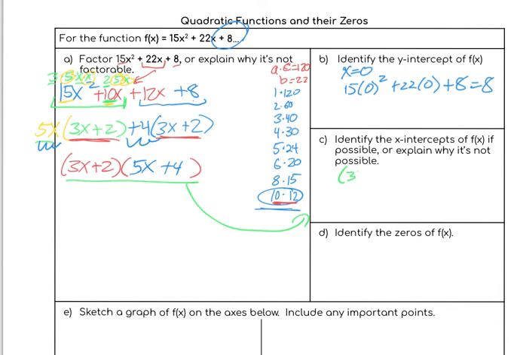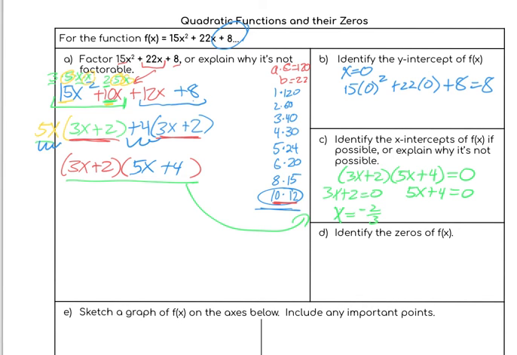So we end up with 3x plus 2 and 5x plus 4 and have those equal to 0. That means that 3x plus 2 is equal to 0. If I minus 2 and then divide by 3, we get x is equal to negative 2/3. We get 5x plus 4 is equal to 0.